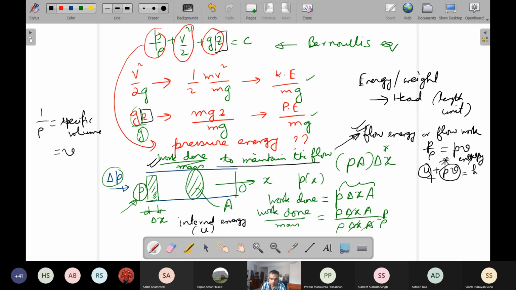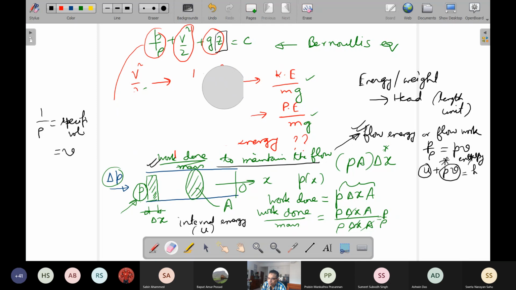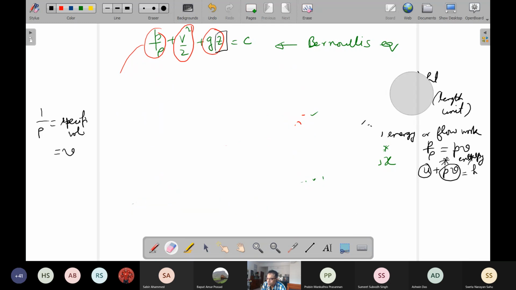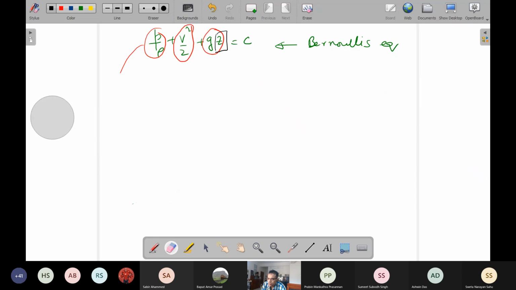So now what we can summarily say is that whenever we have a form of energy, the question is whether the fluid is possessing this energy. Possessing this energy means, just like you have a block in mechanics, say the block is being thrown by somebody to a certain height, it has a velocity, so it has a kinetic energy, and it is at a height, so it has a potential energy.